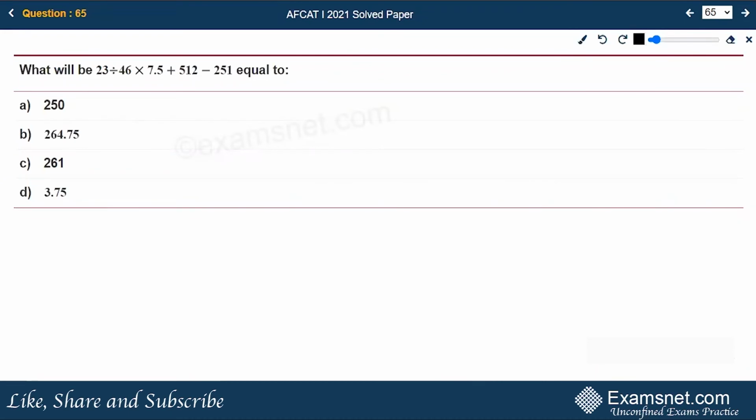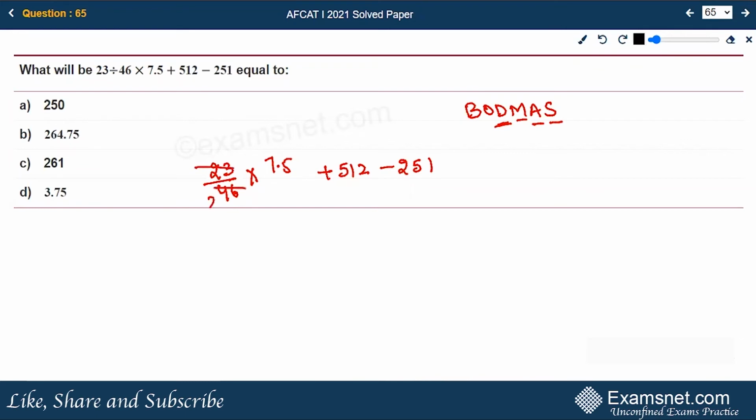Next, question number 65. What will be 23 divided by 46 into 7.5 plus 512 minus 251 equal to? Easy question. 23 divided by 46 multiplied by 7.5 plus 512 minus 251. Applying the BODMAS rule, which says division will be solved first, then multiplication, then addition, then subtraction.